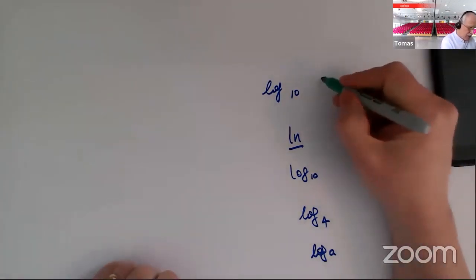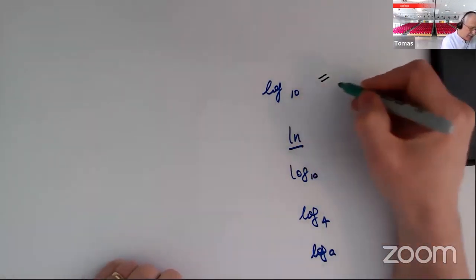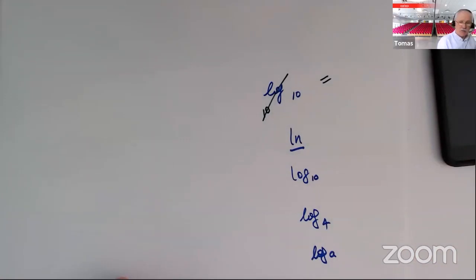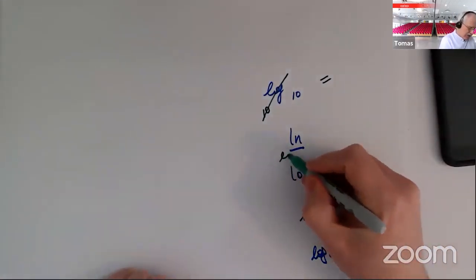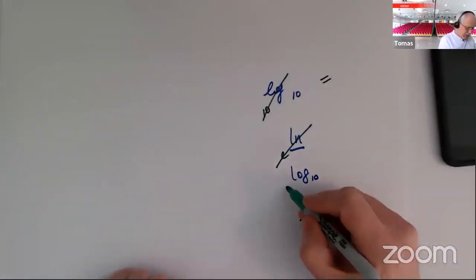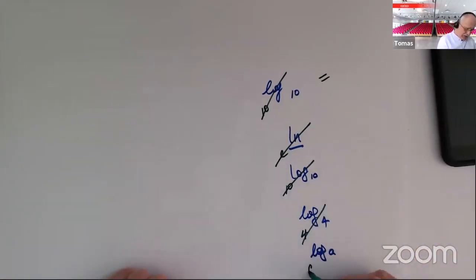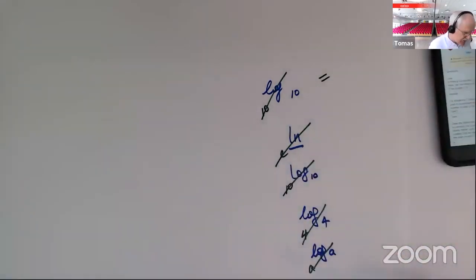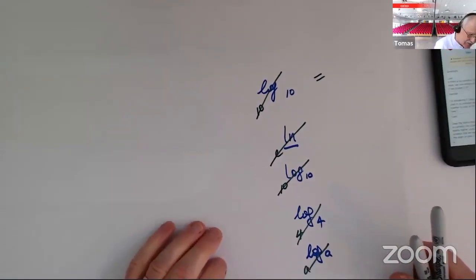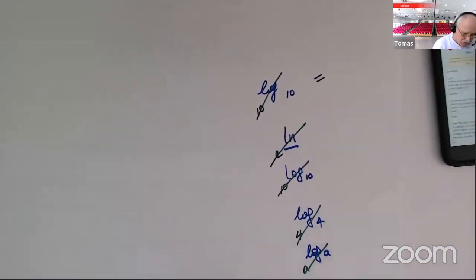We know that the way to get rid of log base 10 is 10 to the power, so that will solve it. We know that e to the power will get rid of ln. So 4 to the power or a to the power would get rid of the others as well. But back to Luke's question, if they don't say, and it's log written, it's assumed to be base 10, your standard log in your calculator.